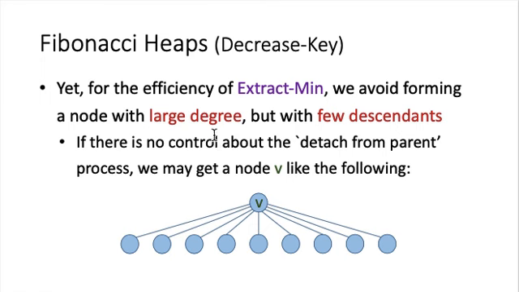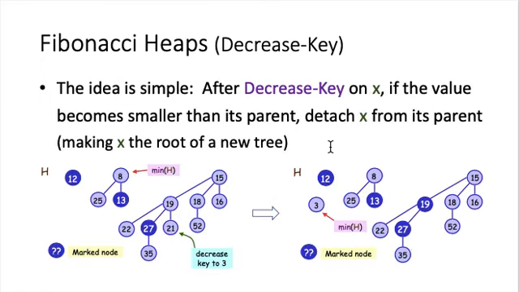But then we cannot do this freely. Okay? So if we do not have any measures on this detachment, so for instance, let's look at this tree. Okay, if we decrease key, we detach this node. Decrease key, we detach this from the parent. Decrease, detach. We could eventually get a node such that it has many children.